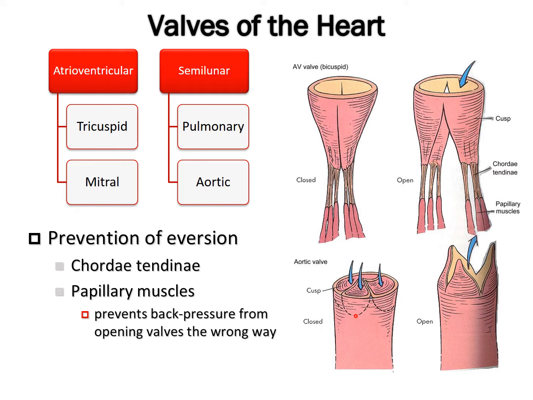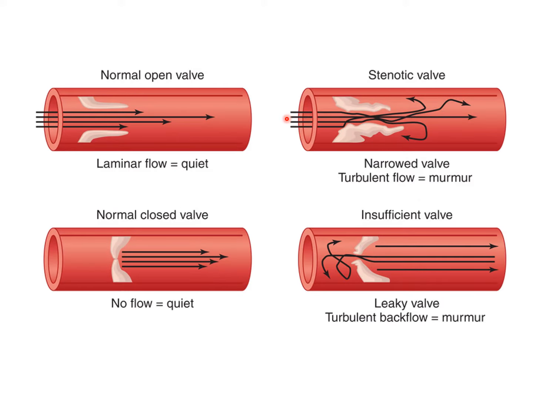The semilunar valves, also known as the pulmonary and the aortic valves, named for the blood vessels that they serve, are a slightly different shape. Here you would have blood in the ventricle coming upwards and out into the major arteries. If blood turns around and falls back, it fills the little cusps here, and that closes the valves. There can be failures of the valves: they should open smoothly and they should close tightly.